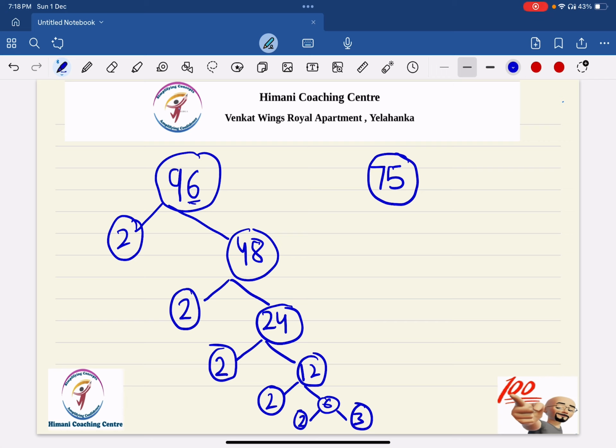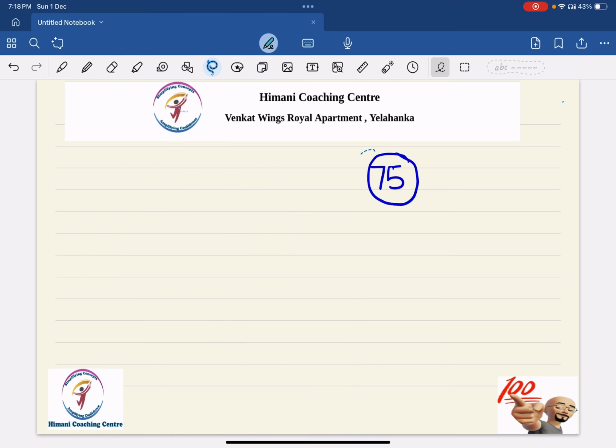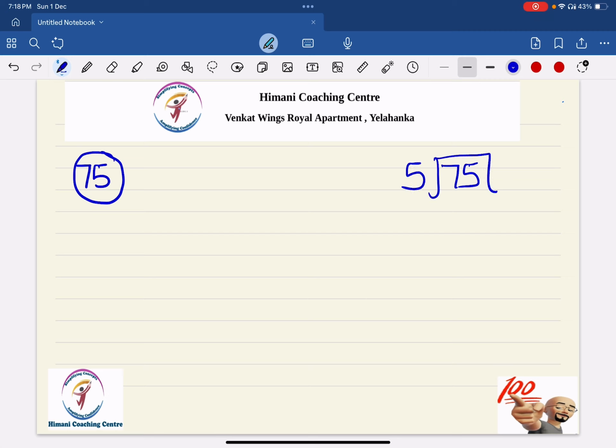So kids, now let us look at 75. What is the unit digit here? 5. Now, if the unit digit is 5 or 0, then the number is divisible by 5. So let us divide this number by 5.